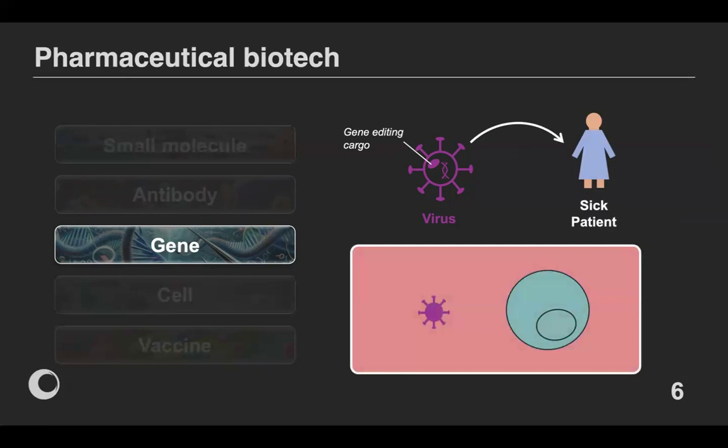The idea here is that this virus can interact with some sort of target cell in a way such that the gene editing cargo gets introduced to the cell and then starts editing the actual genome of the cell. And so you can do things like, for example, edit sickle cells to cure sickle cell disease or cure Alzheimer's or things along those lines, right? And so there's a huge potential here within the gene therapy space.